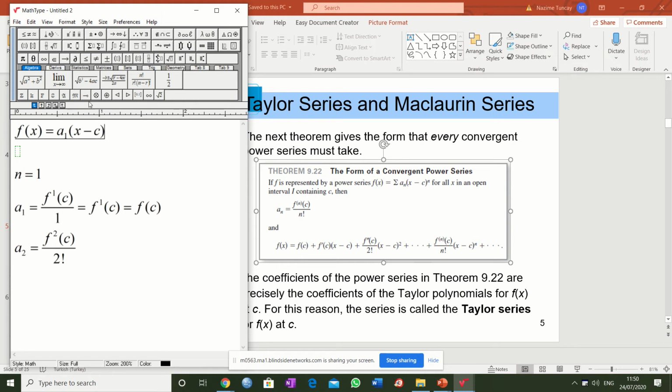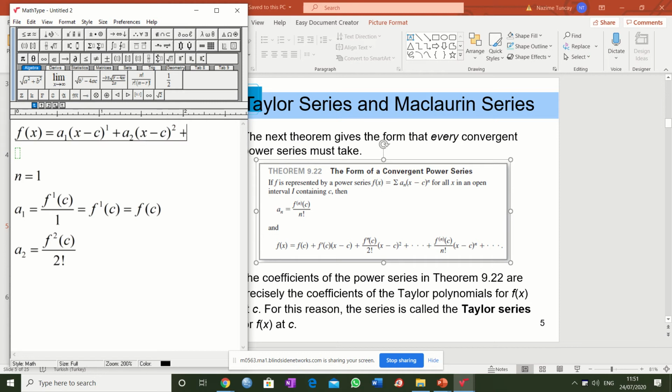So we are going to have now a_2 (x minus c) to the power 2.